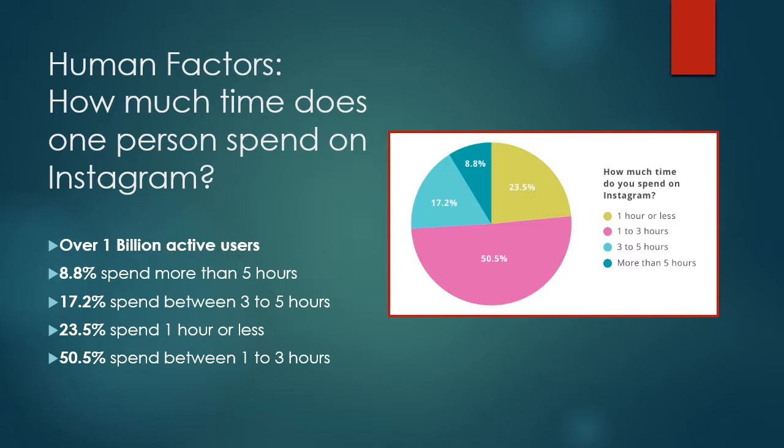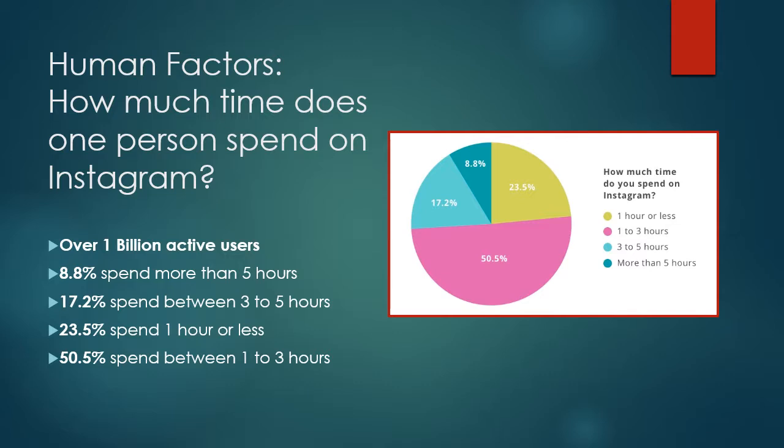And in that, I look at the 8.8% that spend more than 5 hours. Now, I just have a hunch, and I'm assuming, I don't have the research behind this like I should, but I'm assuming that 8.8% of users that are spending more than 5 hours are your businesses.